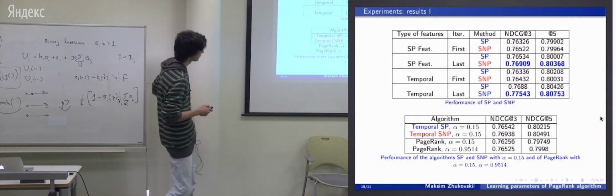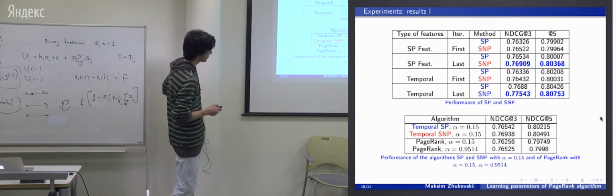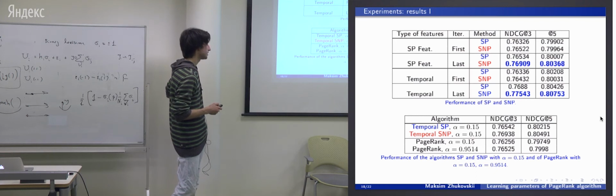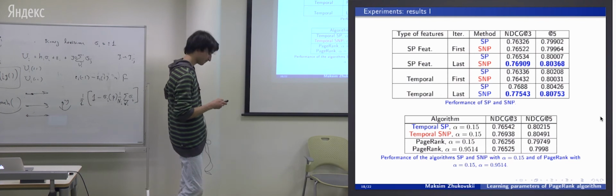And we learned the parameter alpha, the only parameter alpha of the PageRank algorithm, and so it is 0.95. It's extremely larger than the classical one.